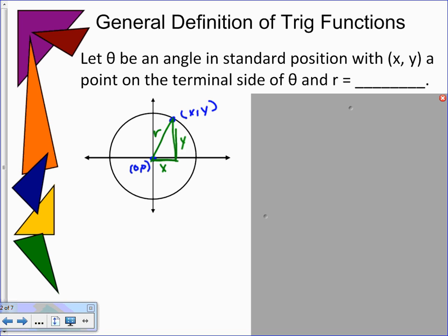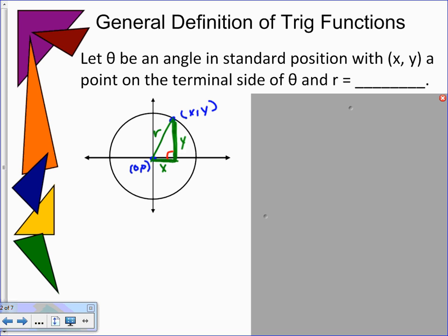So we have this nice right triangle. Right angle right there where I turn, go to Y. And we're going to talk about angle theta as defined in the general definition. If you reread your general definition, it says, let theta be an angle in standard position, so it has to have an initial side on the positive x-axis, whose terminal side contains the point xy.